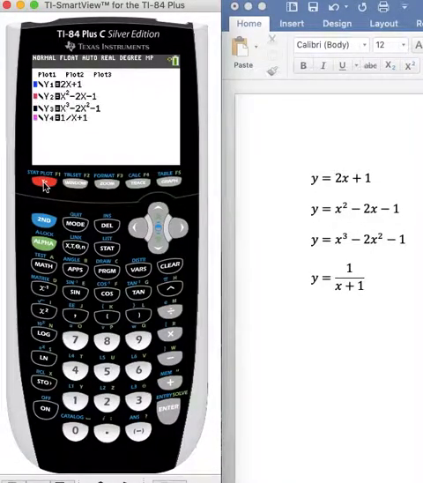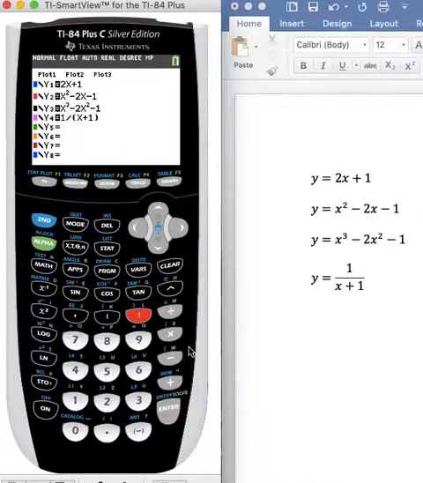Because what the calculator has interpreted this to mean is 1 divided by x, plus 1. So what you really meant was 1 divided by x plus 1.